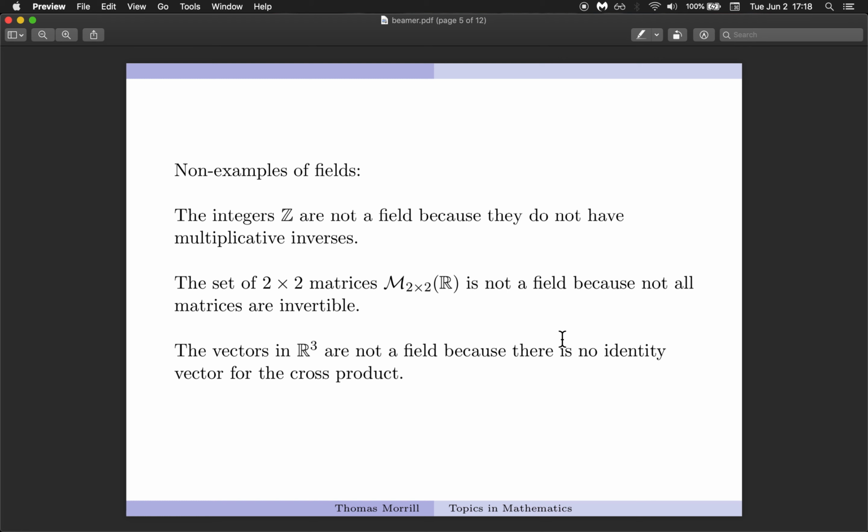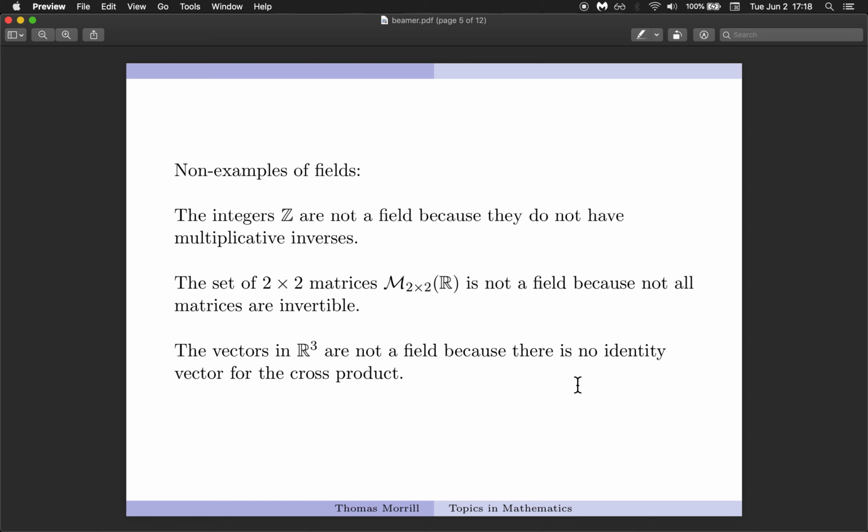So this has two different operations, and there is a zero matrix, the matrix consisting of all zeros, which is the additive identity. And there's what we call the identity matrix, right? The coordinates 1, 0, 0, 1. Multiply that by any matrix, and you'll get the matrix that you started with.